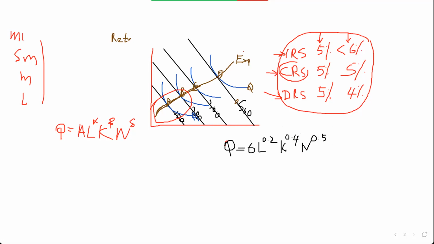So you can check, as you operate your firm in the long run, whether it is increasing return, constant return, or decreasing return. Why is it important? Because with increasing return, if you further expand the firm, you get more return, or your profit increases.